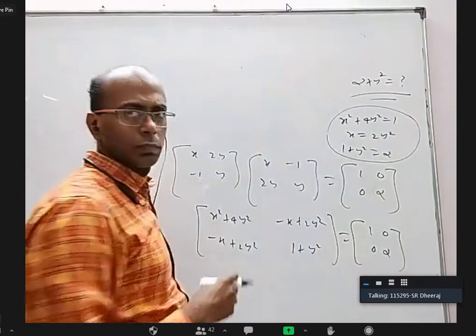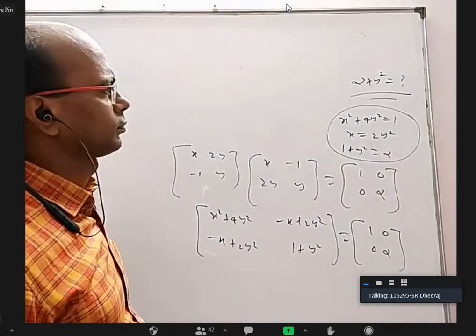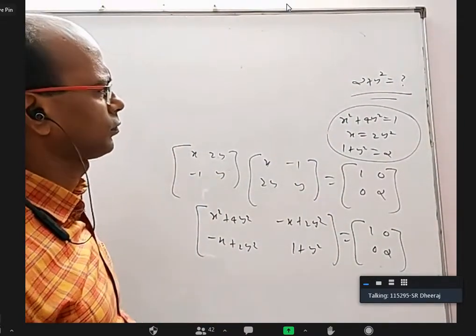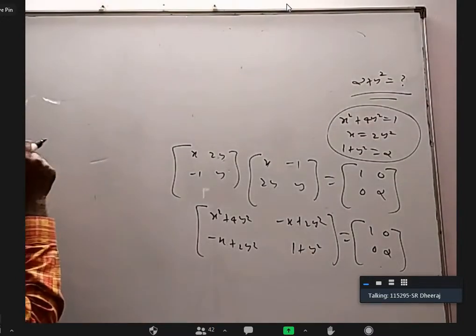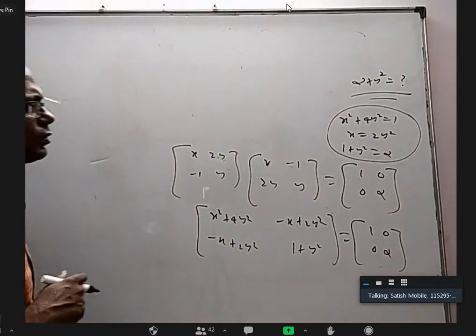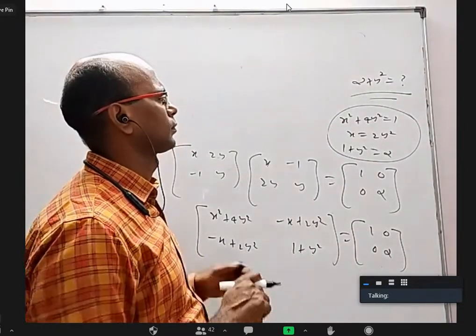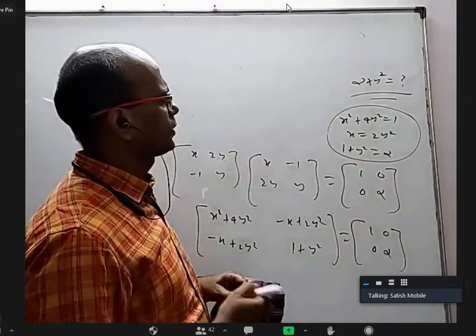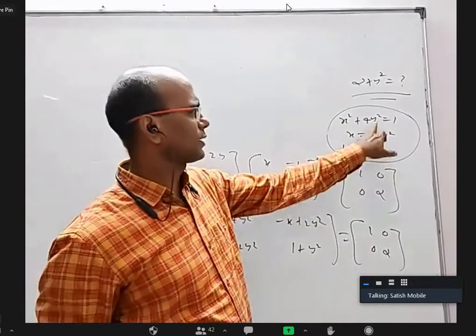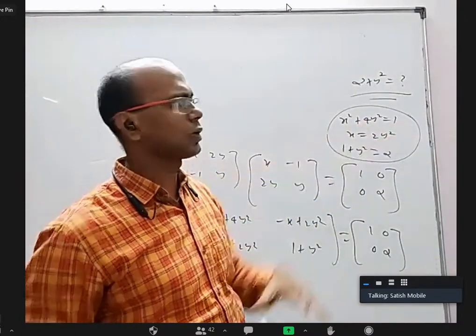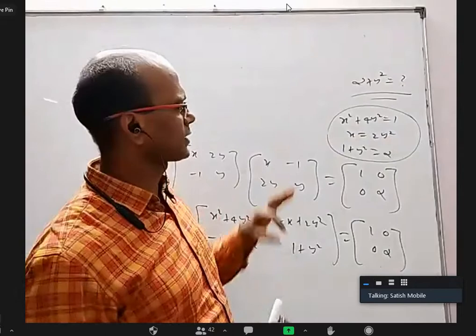Yes, sir. No, sir, wait. I think we can substitute in 1 plus y square equal to alpha. That's okay, wait. But if I put 2y square as x, it will become x square plus 2x equal to 1. Now x is coming third, right?